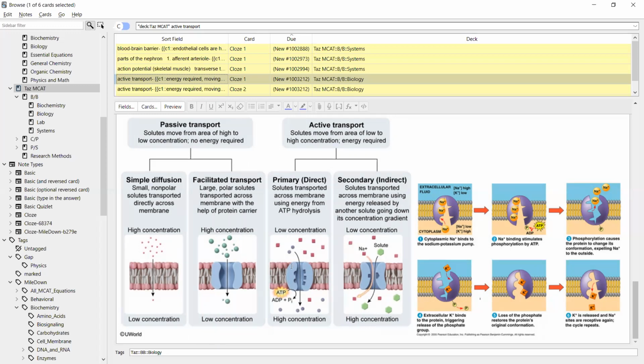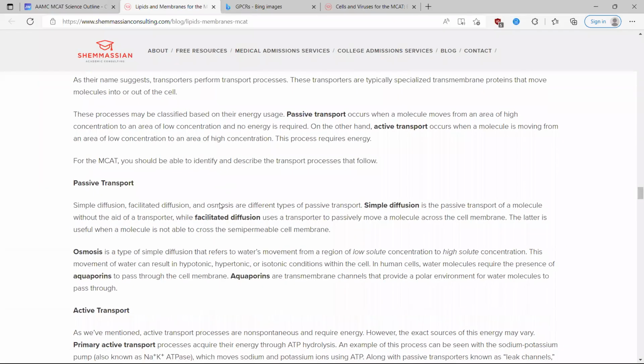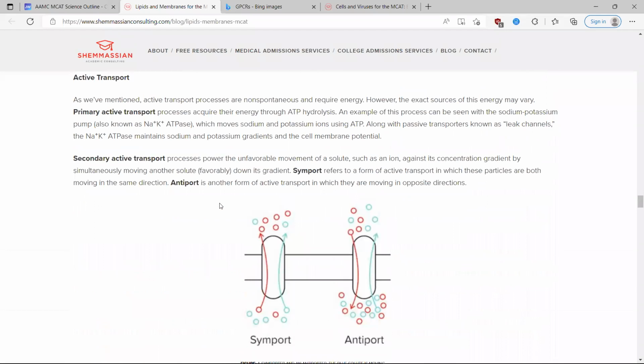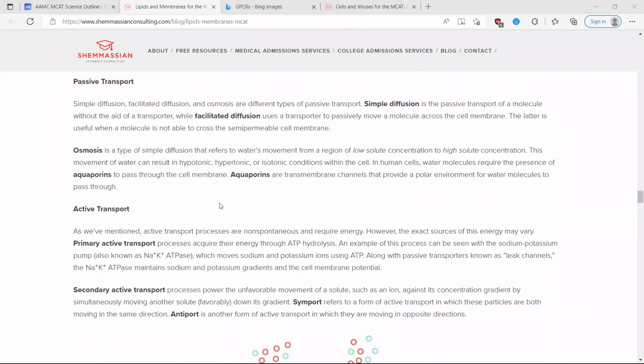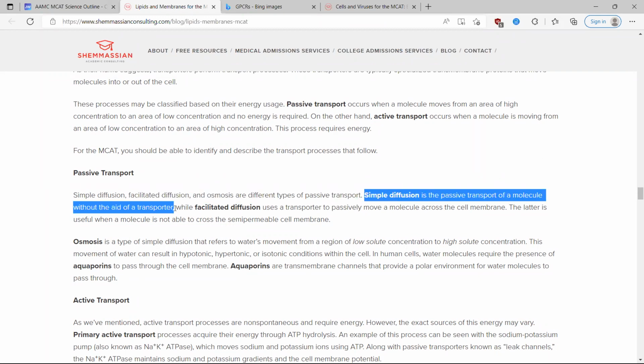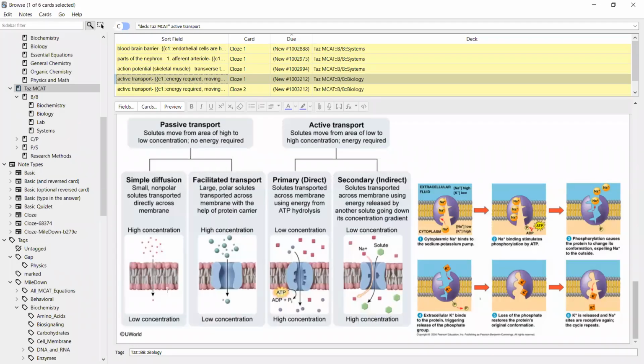We'll talk about secondary later because, or is it relevant here? Oh, it is relevant here. Okay, no, we will talk about it right now. But before we talk about that, just to clear this up: simple diffusion is passive transport of a molecule without a protein, directly through the membrane.